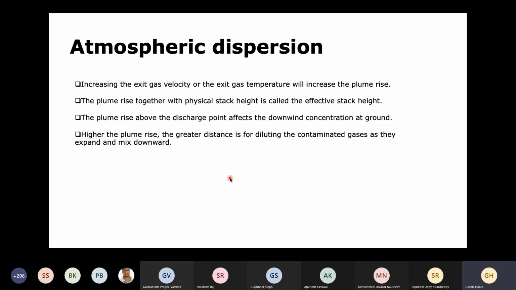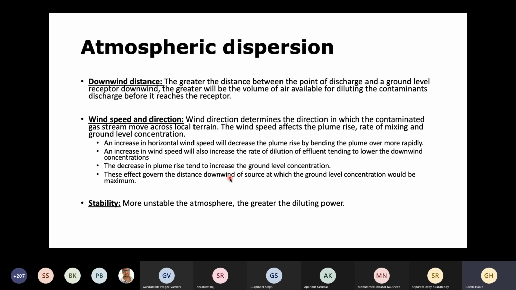So that is what the CPCB, Central Pollution Control Board, has recommended: the height of the stack for power plants should be greater than 200 meter.